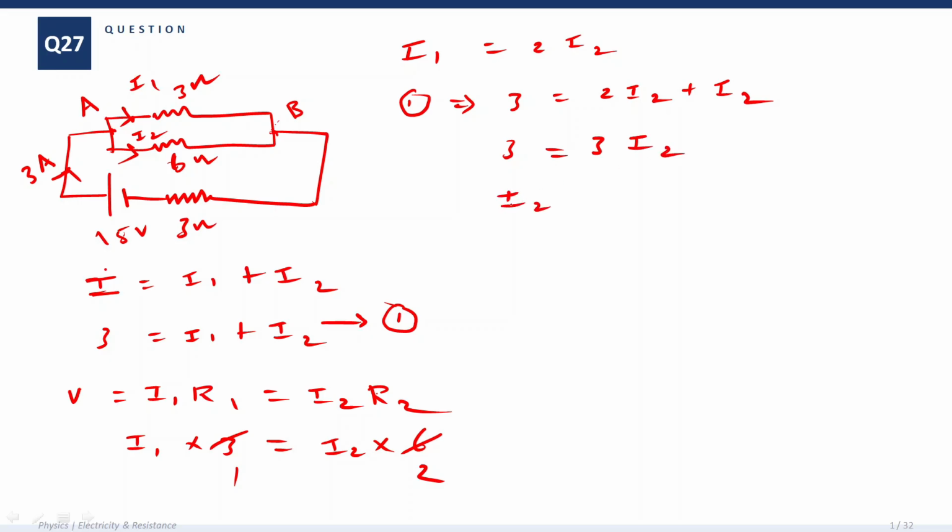Then I2 is 1 ampere. Then what will you get for I1? I1 equal to 3 minus 1. So I1 equal to 2 amperes. Superb. We will go with the next one.